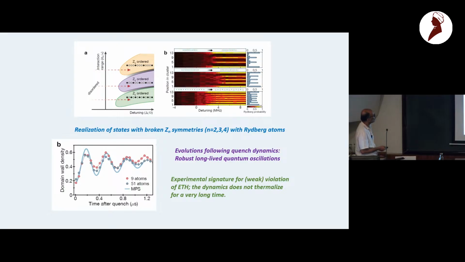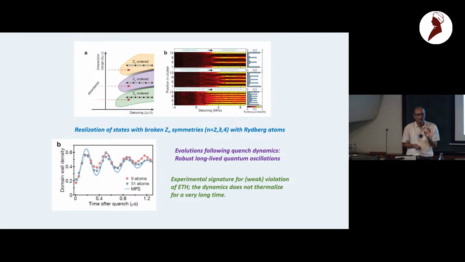Okay. So you see, another experiment that the Markus Greiner group did, which created a lot of excitement in the field, is that they prepared this lattice in the ground state where you have this Z2 ordered ground state. Okay? So you essentially create a situation where you have a Rydberg atom on every alternate site.